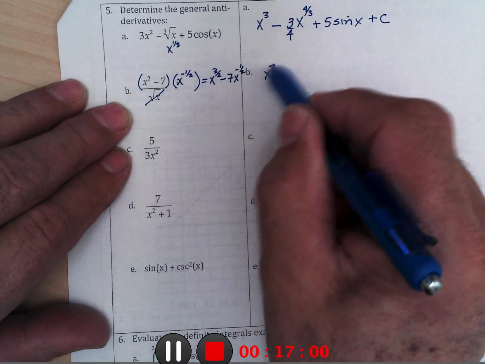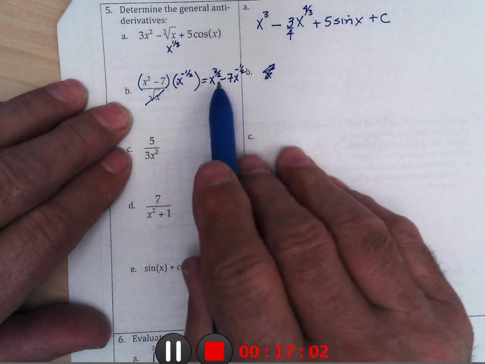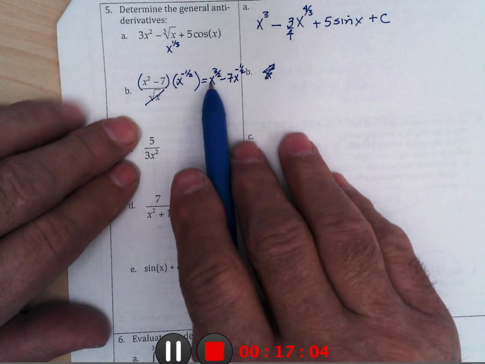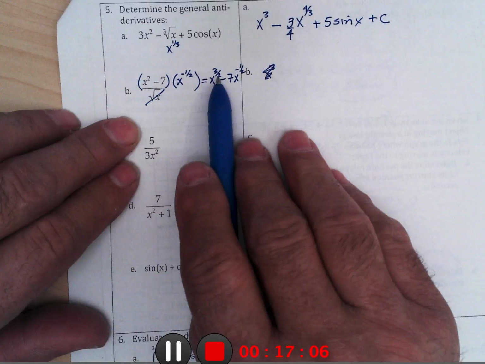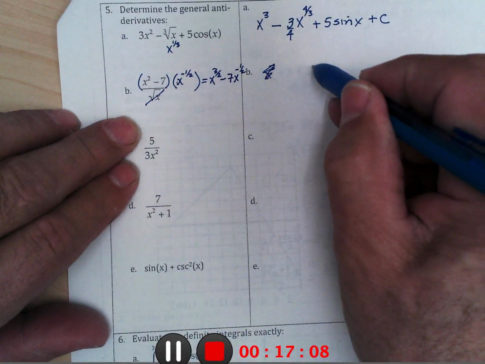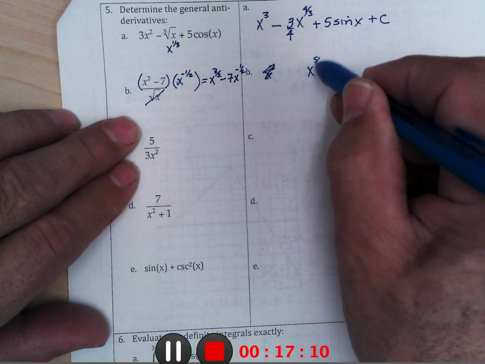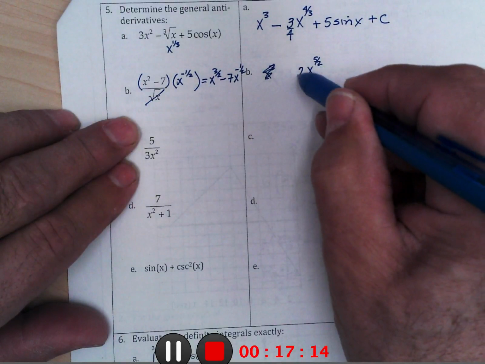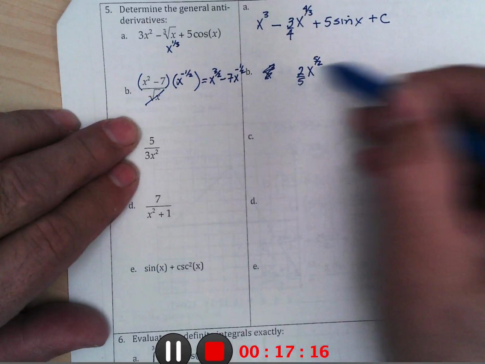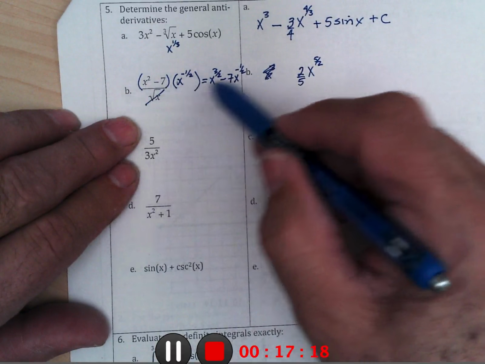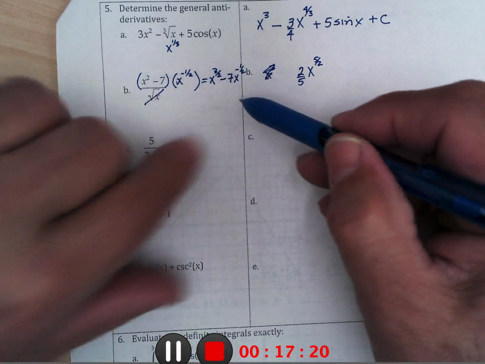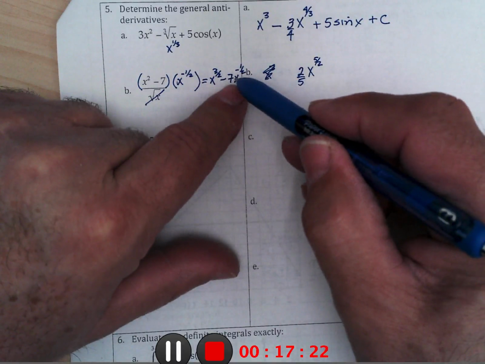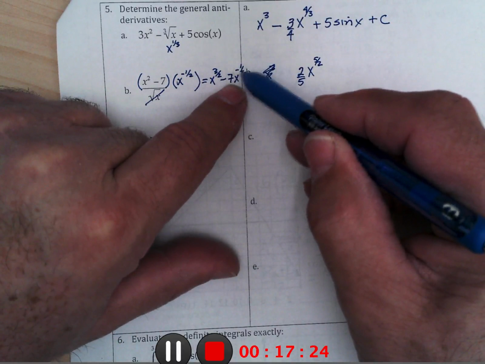So now, to do the power rule, we add 1 to 3/2, which makes 5/2, and we have to divide by 5/2 or multiply by 2/5. So that's the antiderivative of that. The antiderivative of x to the minus 1/2, the number stays.